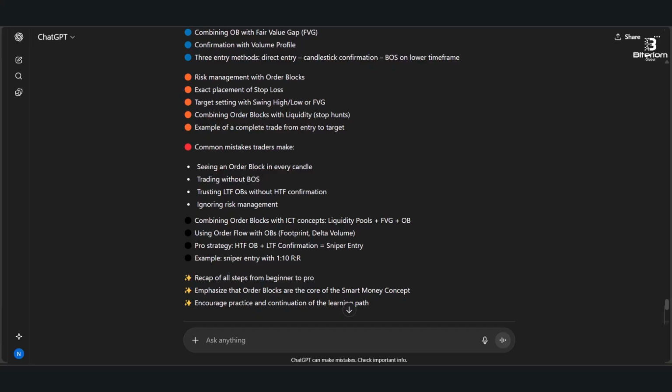Combining order blocks with concepts like OB, FVG, and liquidity, we've discussed all of these together and explained them in the simplest way. You've learned all of this clearly and transparently. Next is combining order blocks with footprint data and volume, and even this external footprint data. These are all kinds of secondary data. These are data that TradingView doesn't provide us.